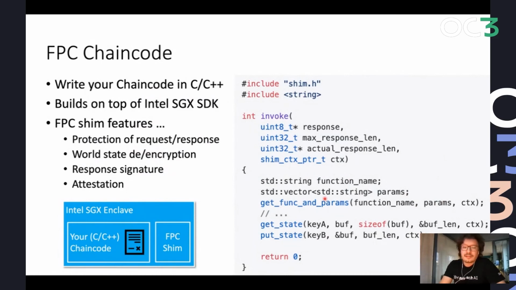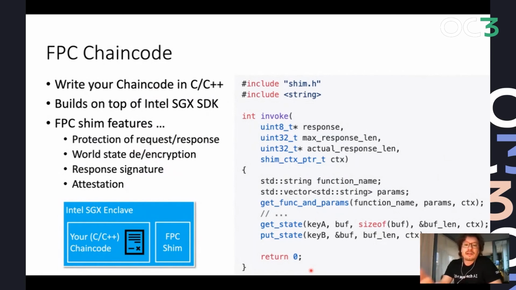So you may notice that I've complained a little bit about the C, C++ chaincode, and that was actually also the feedback we got from the community. With normal Fabric, there is Go and Node.js and Java chaincode, and now we're adding a new language on the stack. This is fine.